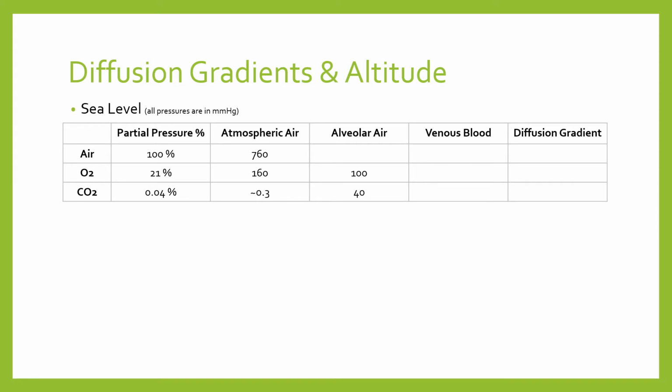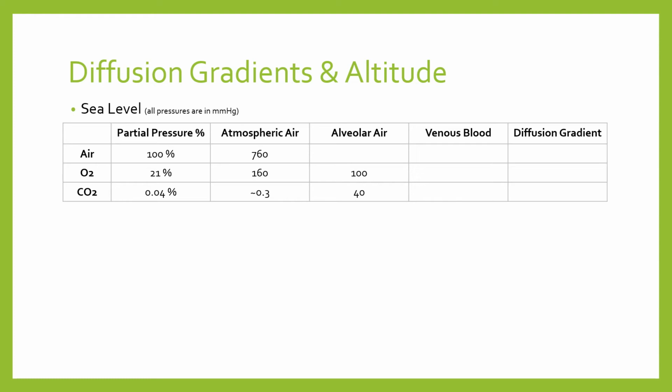And the partial pressure of carbon dioxide in the alveoli is significantly higher than that in the atmospheric air, because it's where it is being breathed out from, if you see what I mean. It's being transported from the bloodstream into the alveoli, ready to be breathed out. So there's a lot more carbon dioxide, a much higher partial pressure of carbon dioxide in the alveoli than there is in the atmospheric air, and somewhat less oxygen in terms of partial pressure in the alveoli compared to the atmospheric air.